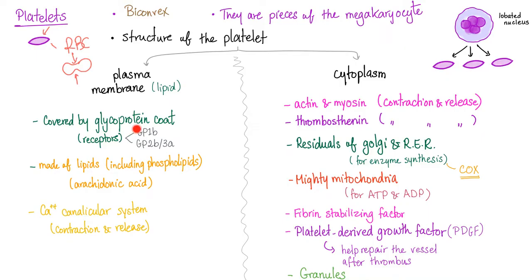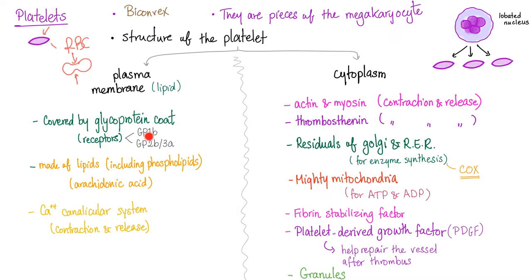Because the active thing in your body is protein. And platelets need receptors because they want to bind and adhere to the endothelial tissue, so they need receptors. If they need receptors, they have to be protein. That's why it's not just carbohydrate, it's glycoprotein. And without these receptors, you'll bleed to death. So that's the first layer, glycoprotein coat, and it has the receptors.